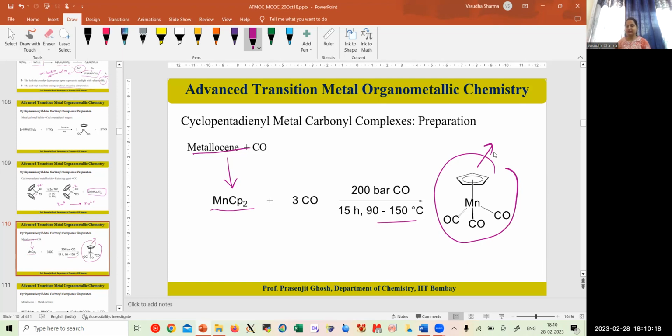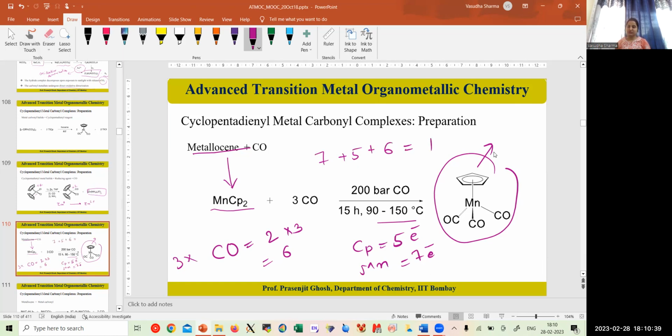If we calculate the total valence electron count over here, Cp will give you 5 electrons, manganese is 7 electrons, and each carbonyl will give you 2 electrons, so multiplied by 3, we have 6 over here. So 7 plus 5 plus 6 is nothing but an 18 valence electron complex.